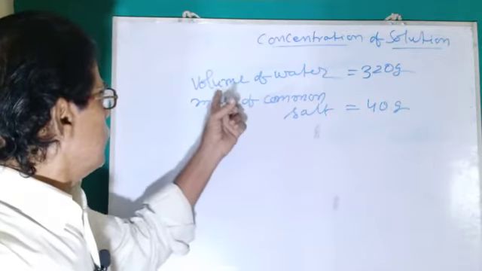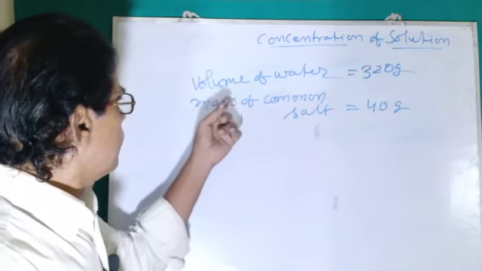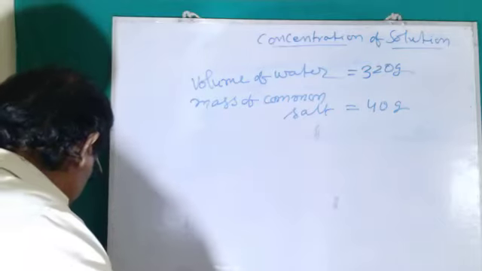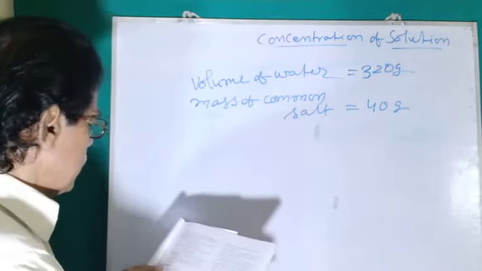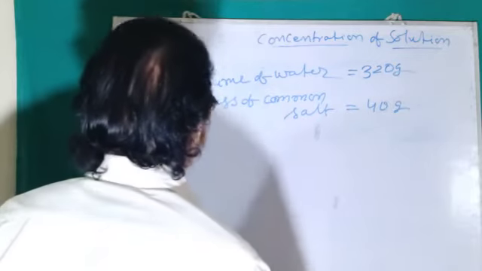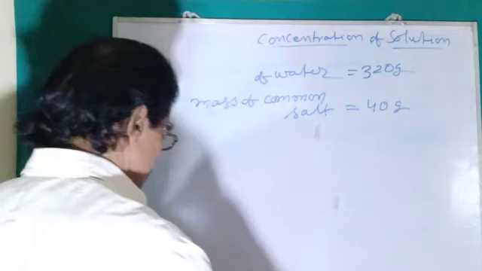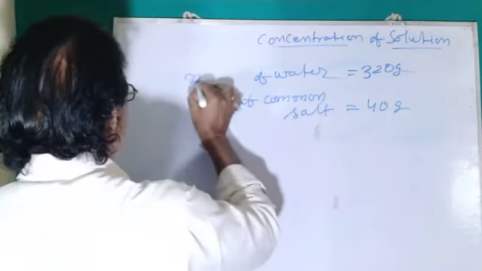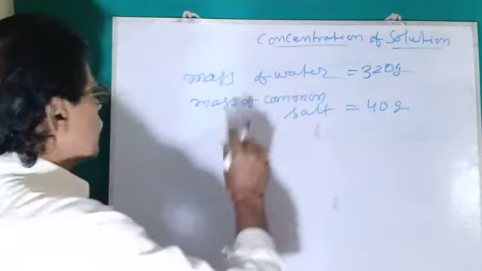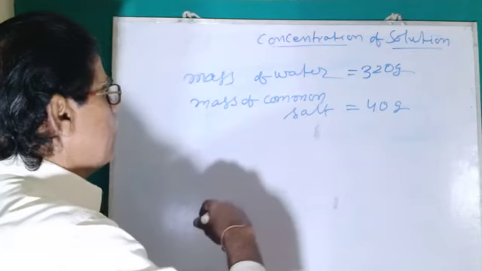Here the volume of water is 320 gram, not volume but mass here. Mass of water is 320 gram and mass of common salt is 40 gram.